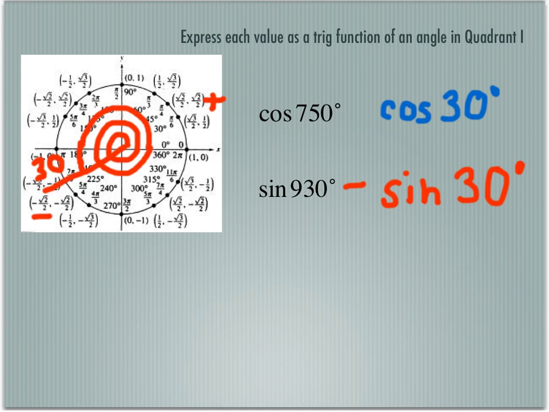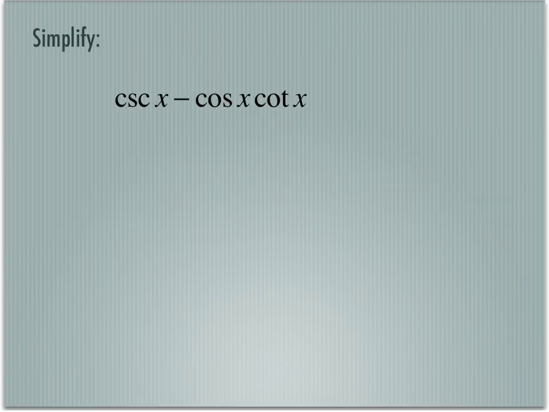And now it works, because the sine of 30 is 1/2, and the sine of 930 would be negative 1/2. The opposite of 1/2 is obviously negative 1/2, so now it's equivalent. That's a little screwy, but looking at the circle chart, maybe drawing it out, visualizing it should help you quite a bit.